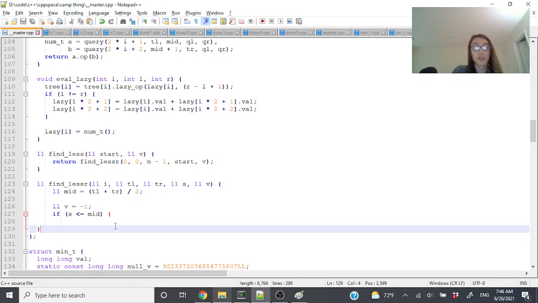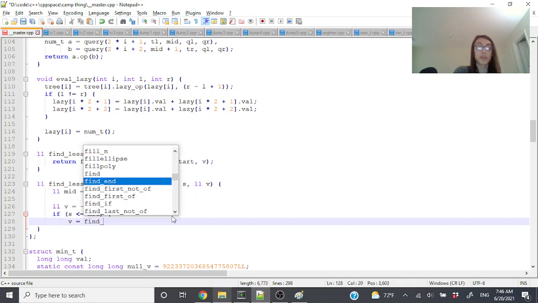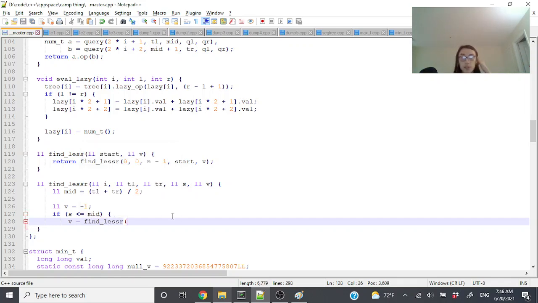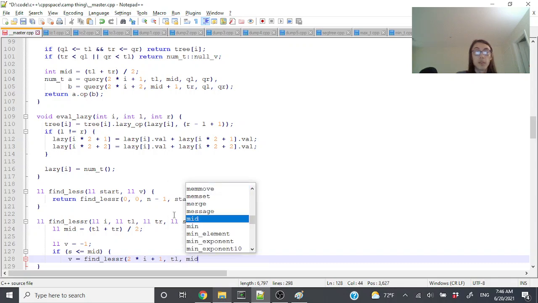Oh, v is equal to -1. v is equal to find_less_r, so it should be 2 times i plus 1, tl, mid, s, v.